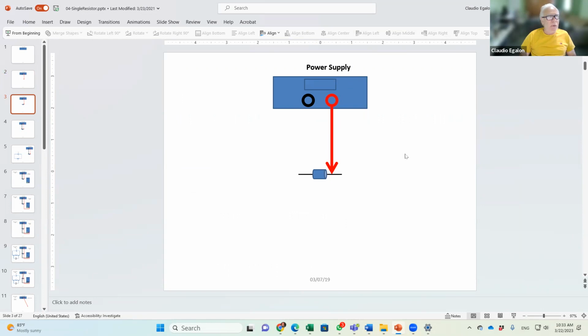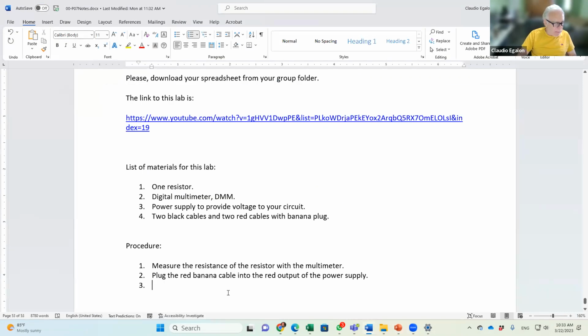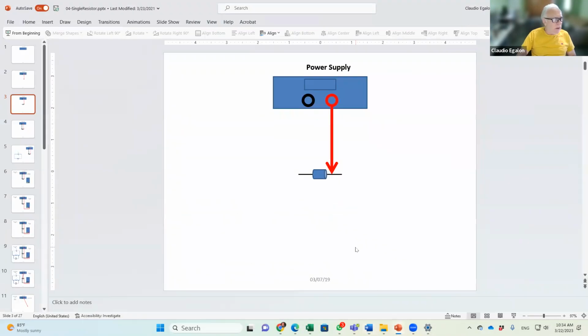Connect the red cable to the resistor. Okay, that's the next step. Connect the other end of the red cable to the single resistor, and then you're going to close the circuit.